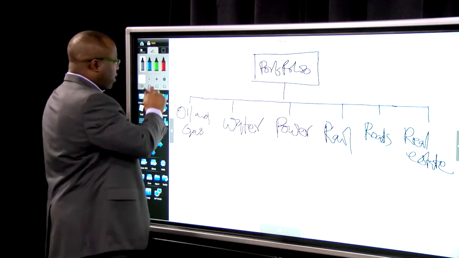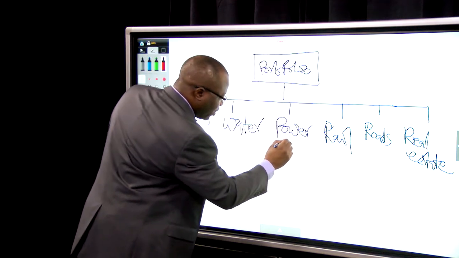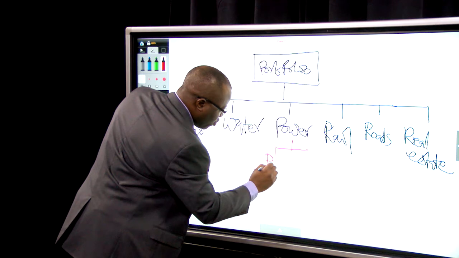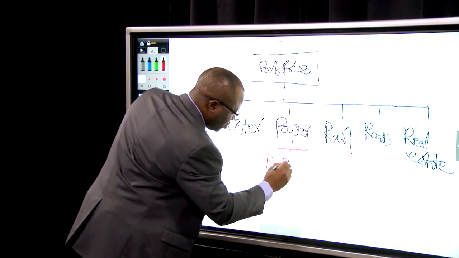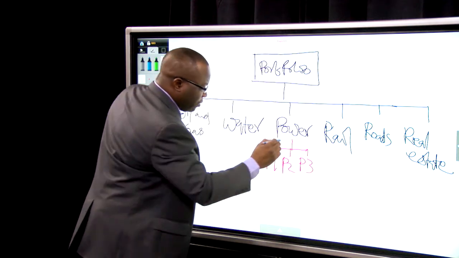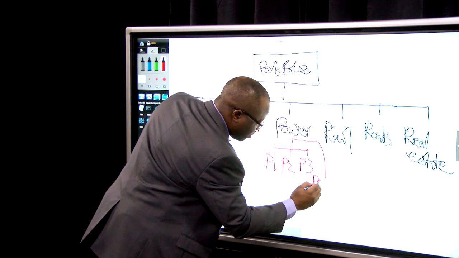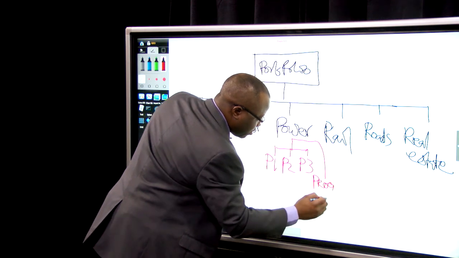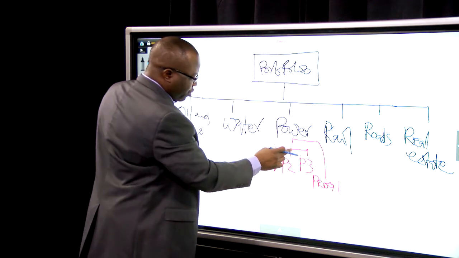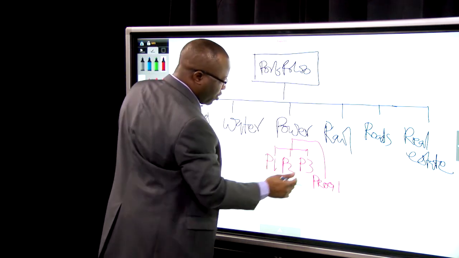Now, a portfolio is a collection of projects. For example, under power, we've got Power Project 1, Power Project 2, Power Project 3, and maybe even Program 1 under power. We've got various projects which map directly to the power area, but then we've got a program.